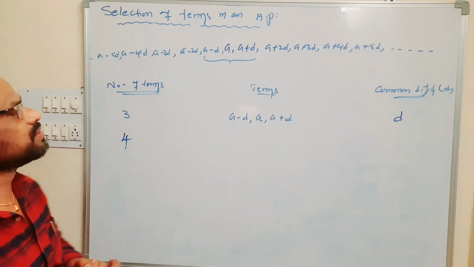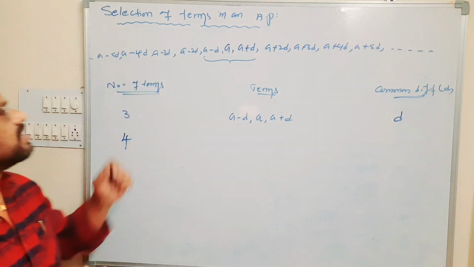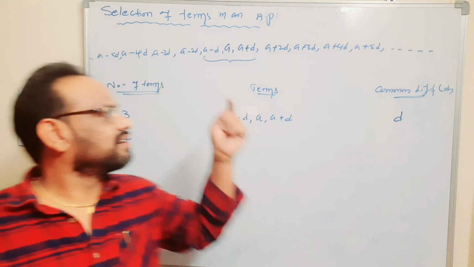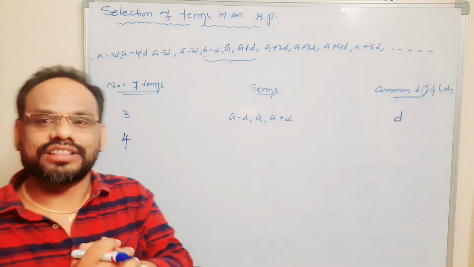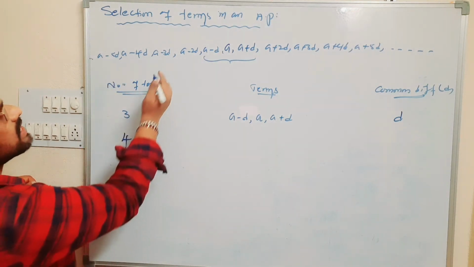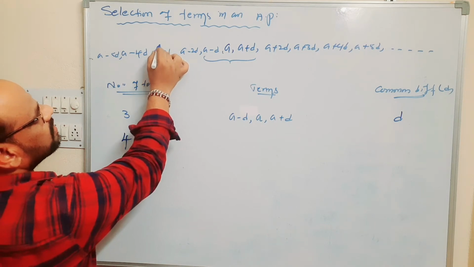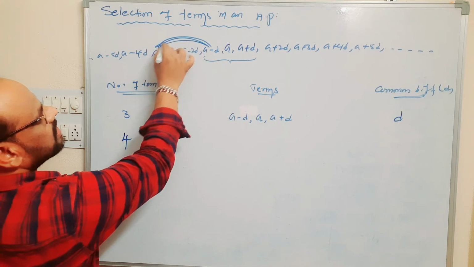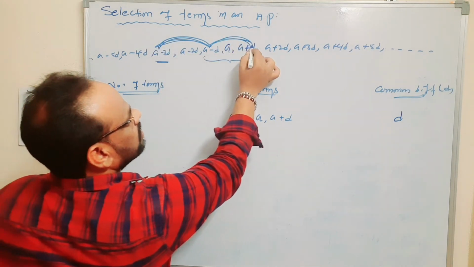Observe here, we know this one sentence: if you select terms in an arithmetic progression at regular intervals, then they also form an arithmetic progression. That means if you want 4 terms, select at regular intervals: a minus 3d, a minus d, a plus d, and a plus 3d.